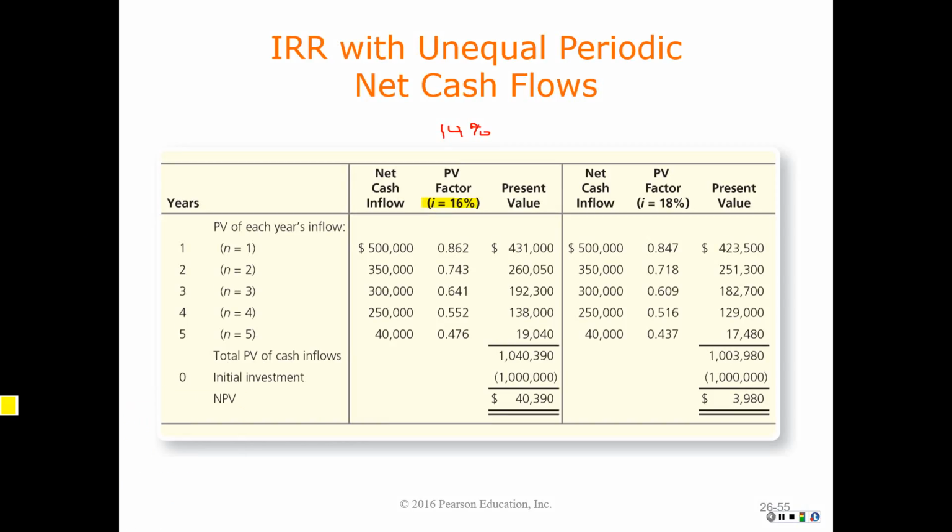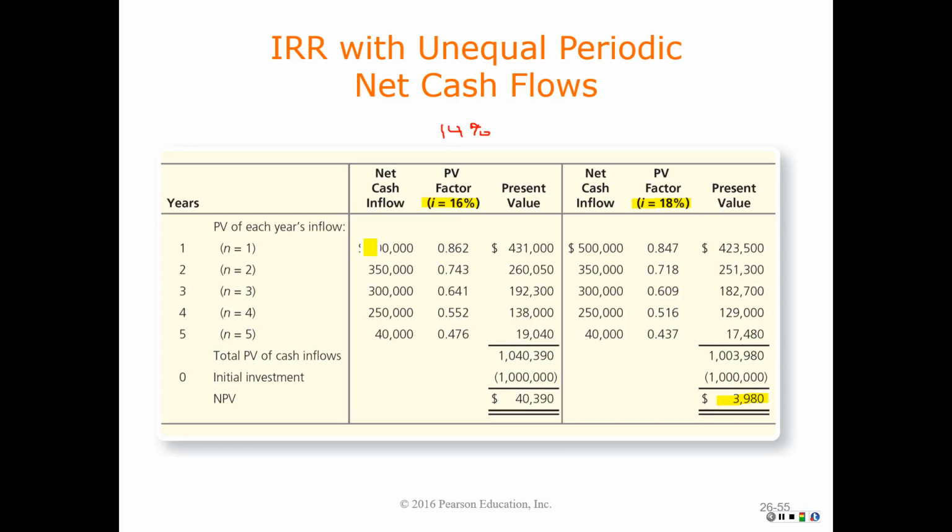So if we try again with an 18% interest rate, once again, I calculate all the present values using 18%. I compare those cash flows to my initial investment of 1 million, and it's 3,980. So I know at this point that my internal rate of return is somewhere slightly above the 18% factor.